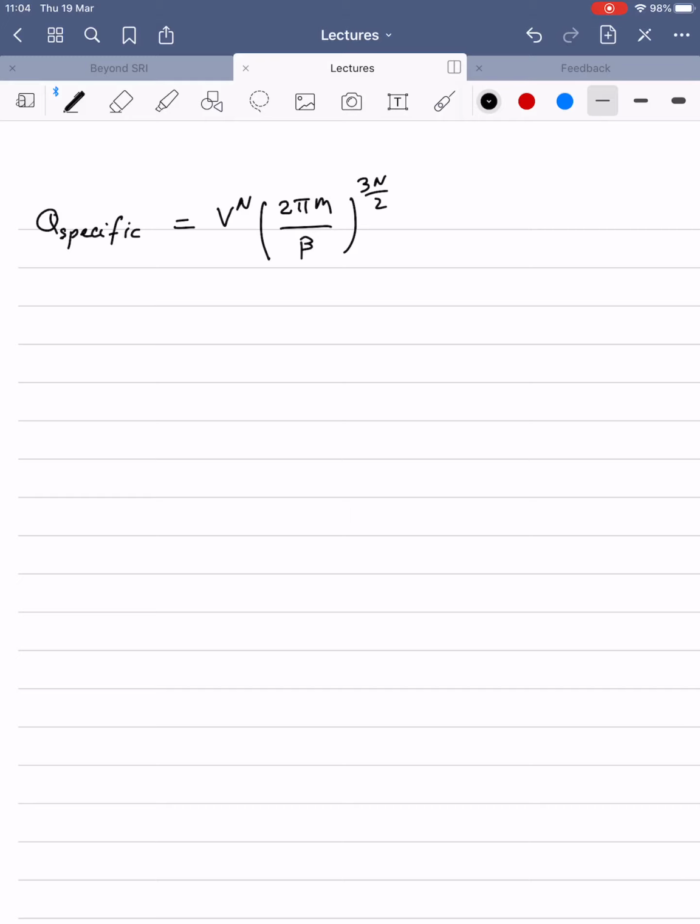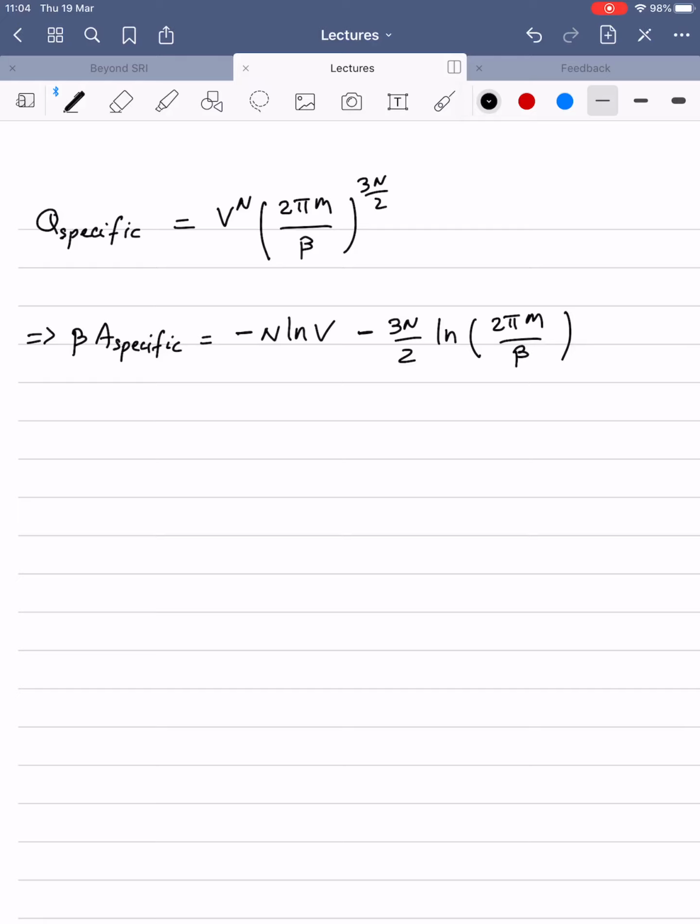So then beta A specific is equal to minus, using the properties of the log, N log V, and then minus 3N over 2 log of 2 pi m over beta.